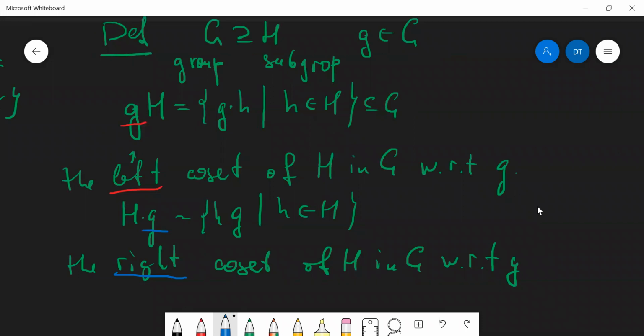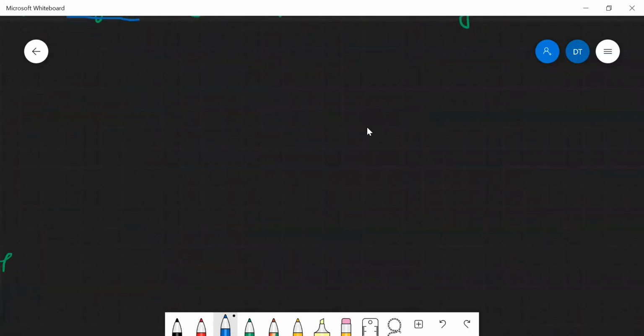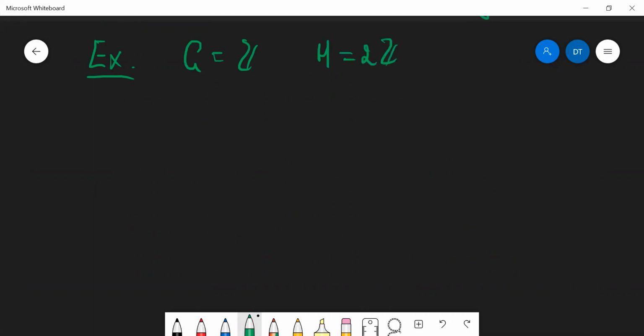Let me give you an example of cosets. I'll give you just one example, but in the lecture notes I'll provide you with 3 or 4 different examples. I don't want to waste time during the lecture showing all the possible examples. Let the group G be Z with addition, and the subgroup be 2Z.